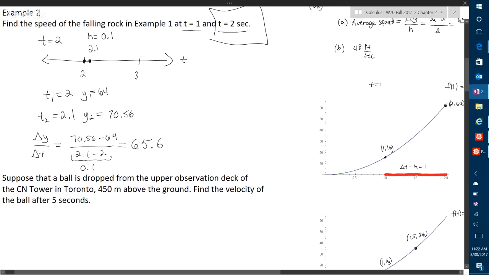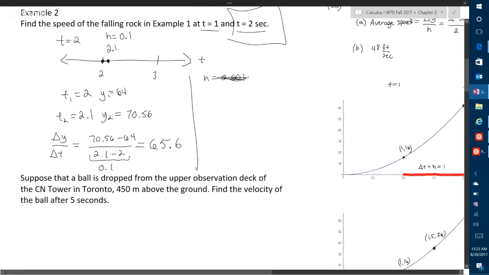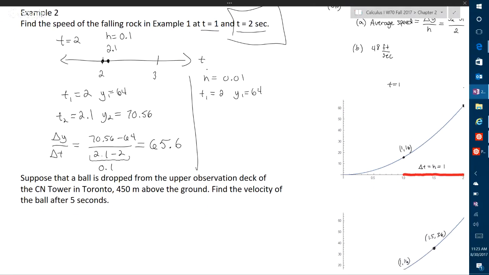So let's, here off to the side, do another iteration. Let's say h is equal to 0.001. Well, let's do 0.01. Let's go in order. t1 is equal to 2. y1 is equal to 64. That doesn't change. It's the same. Why doesn't that change? Why do I keep bringing that down?